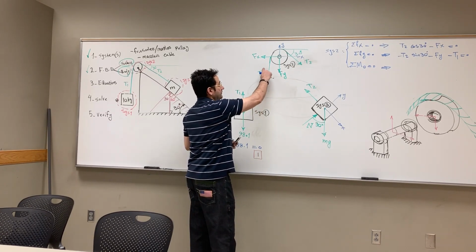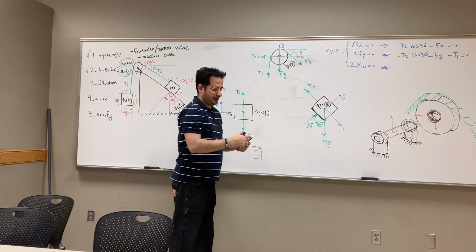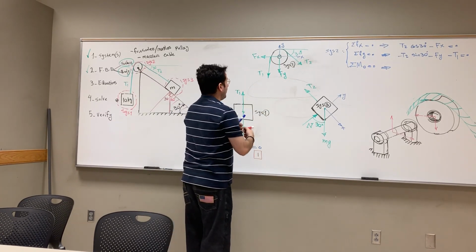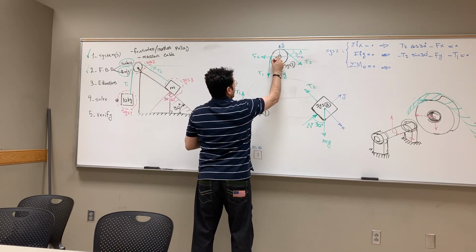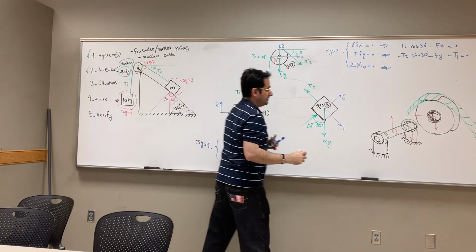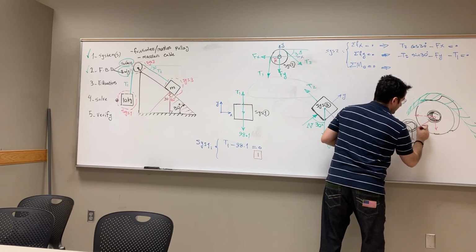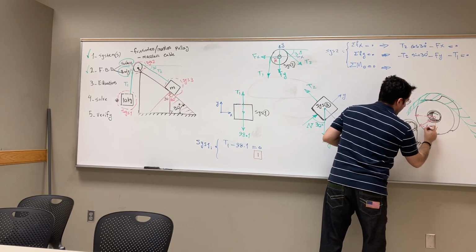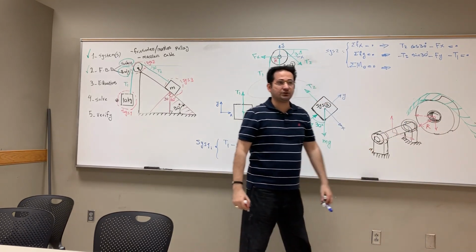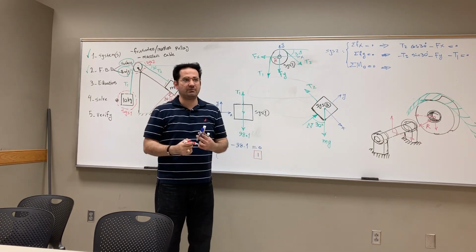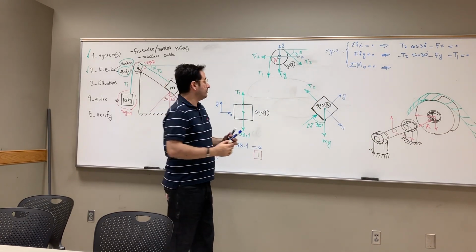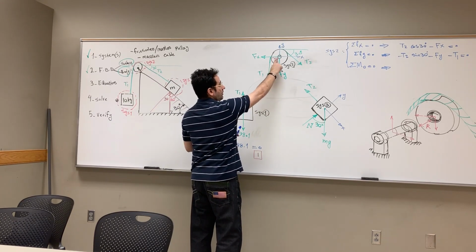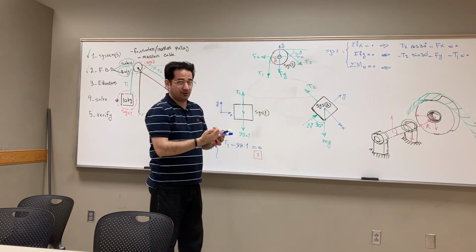So what's the moment of T1 with respect to the center? Let's say the radius of this pulley is R. I didn't give it to you in the question. It's arbitrary R. Doesn't matter, right? So what is the moment coming from T1 with respect to the center?